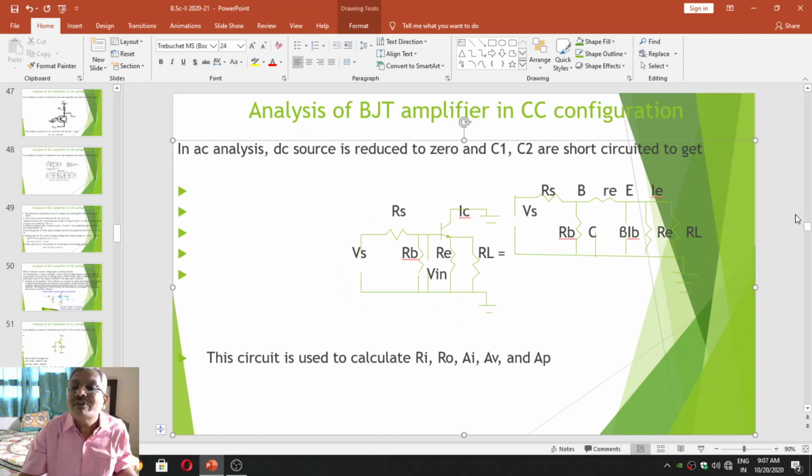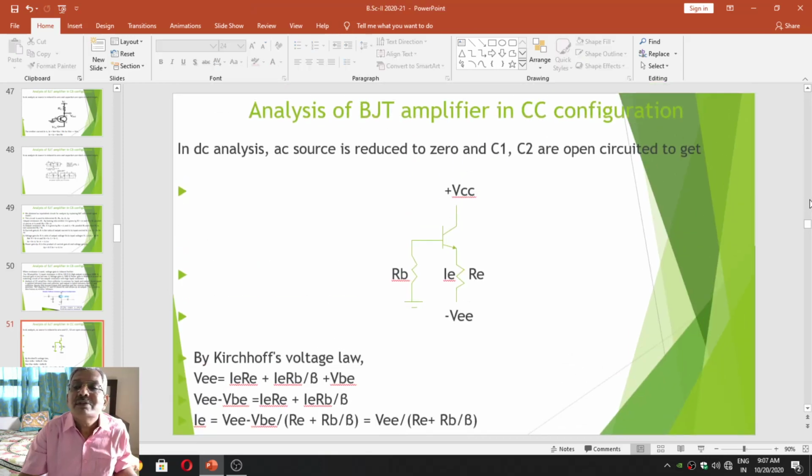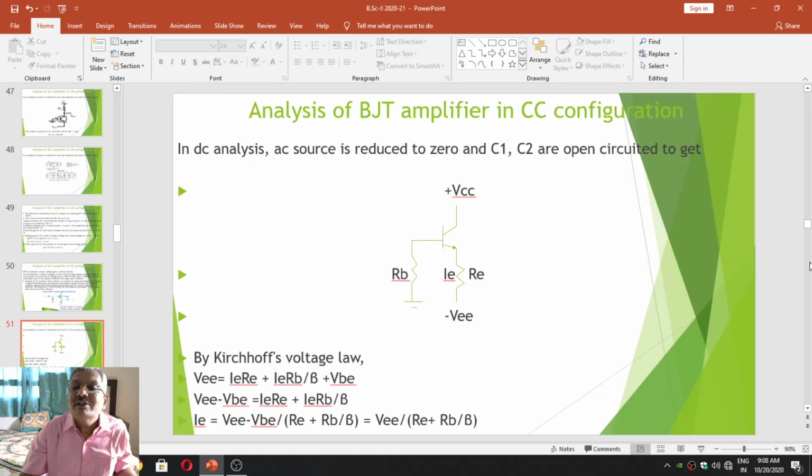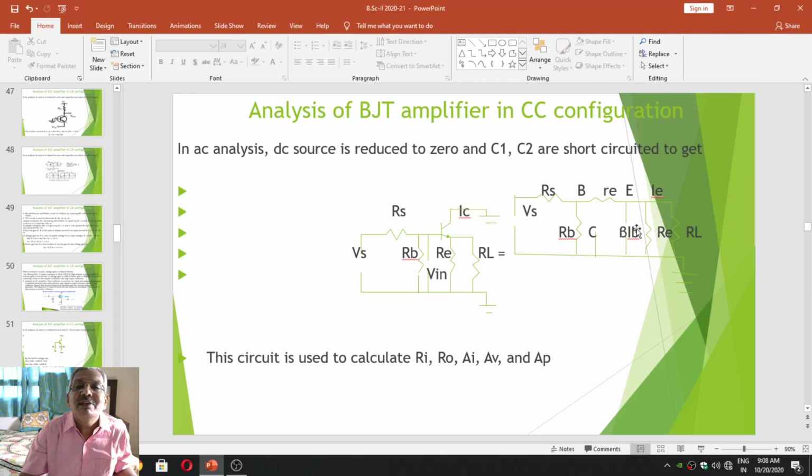This is obtained from this original circuitry. We are removing VEE or VCC. We are removing C1 and C2. They are short circuited to the ground and the resulting circuit obtained will be like this. This BJT is now replaced by its small signal equivalent model.